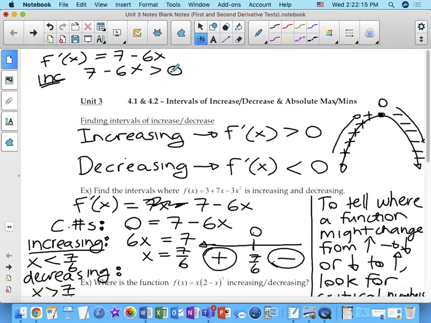So you would have something like 7 greater than 6x, right? Which means divide by 6, 7 over 6 greater than x.